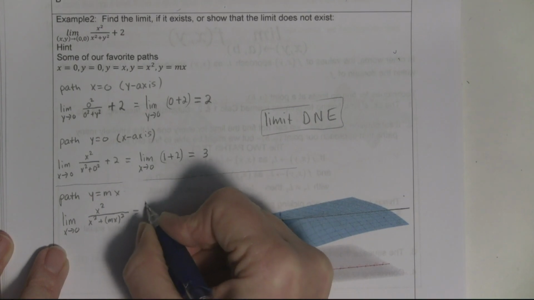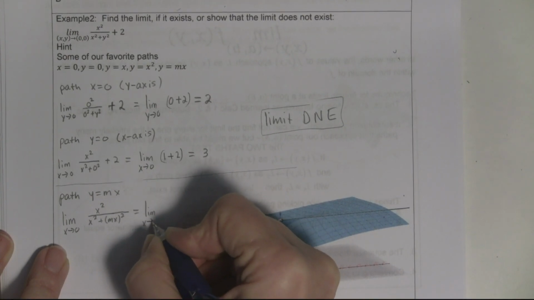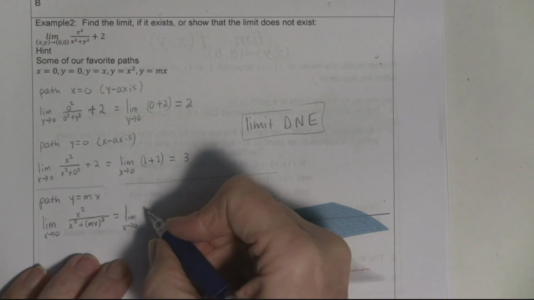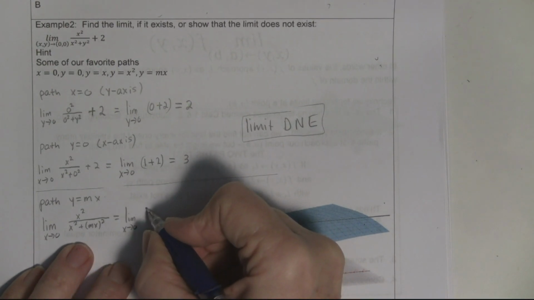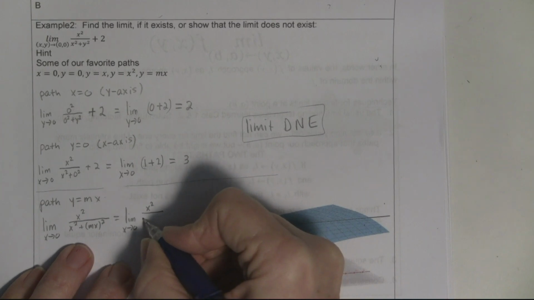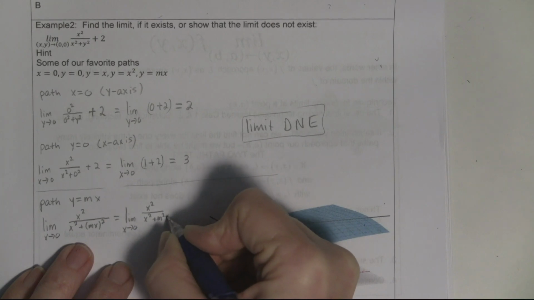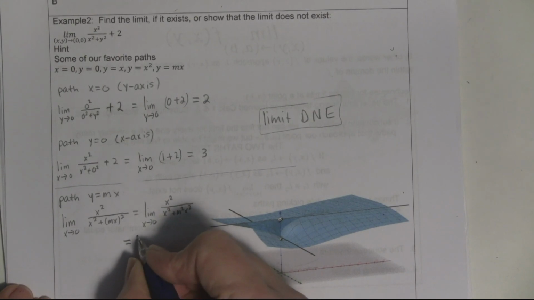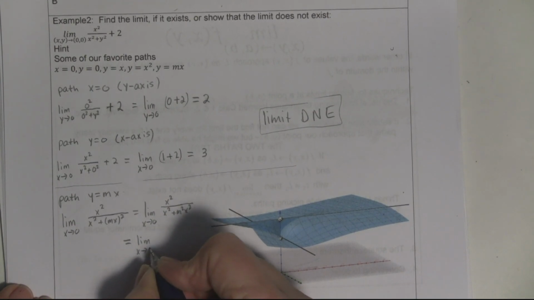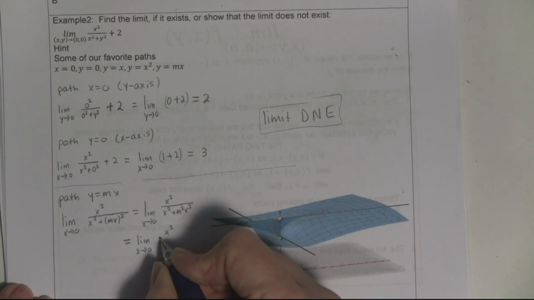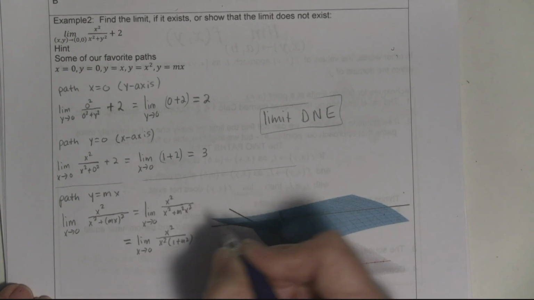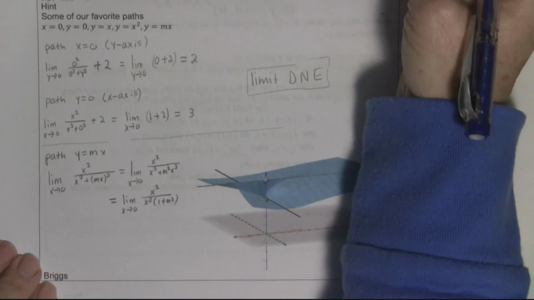So when the dust clears here, I have the limit as x goes to 0, and that's going to be x squared over x squared plus m squared x squared. Limit as x goes to 0. And then I'm going to have x squared, and I'm going to factor out an x squared, and I'm going to have 1 plus m squared, like that, right? And then now the x squares cancel out.